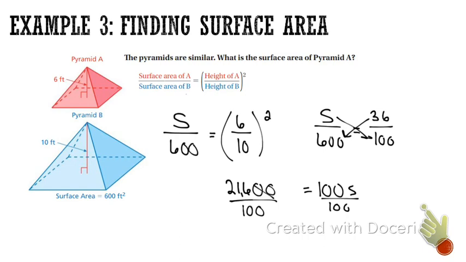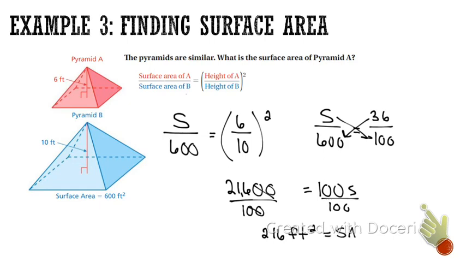I just knock off these 2 zeros. All right, divide by 100 means move my decimal left 2 places. You could use your calculator for that too, so that would be fine. And 216 feet squared is the surface area.